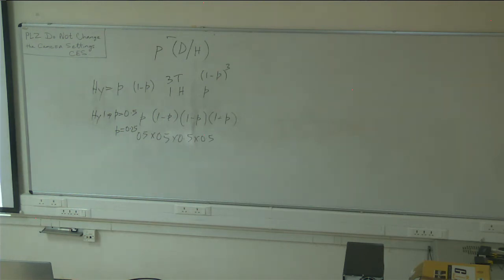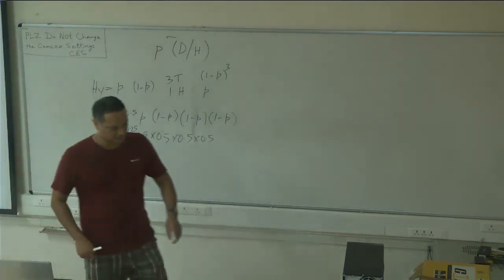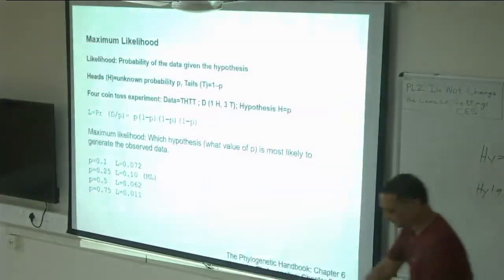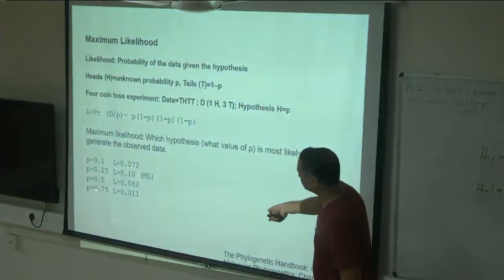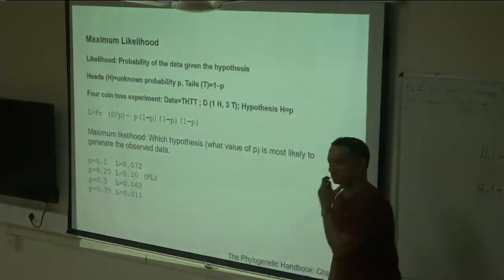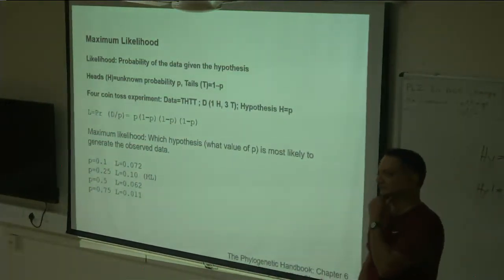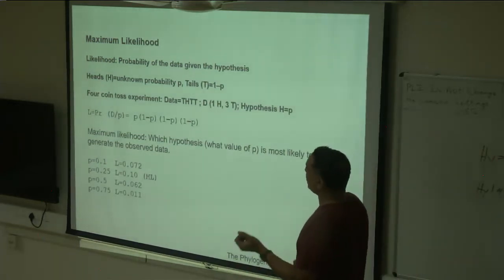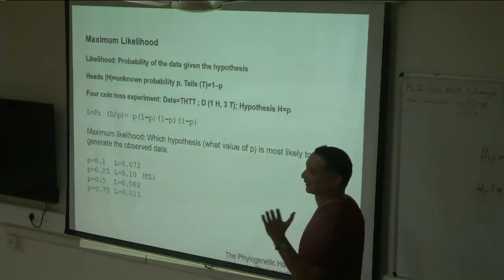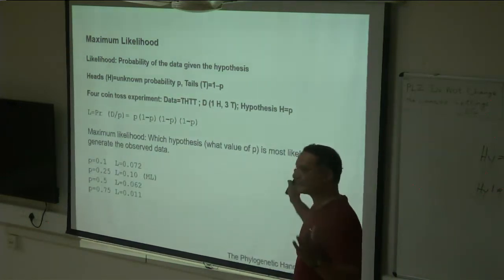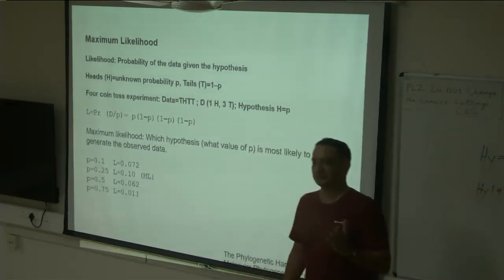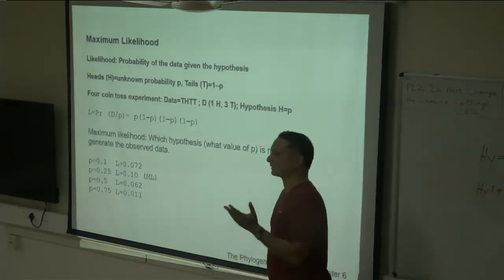So you try out different hypotheses and try to figure out which hypothesis fits the data best. And it turns out it is this one, and that's your maximum likelihood. So that's about it. It is the hypothesis that is most likely to generate the observed data. And in our case, the hypothesis that the probability of heads is 0.25 gives the best likelihood score.